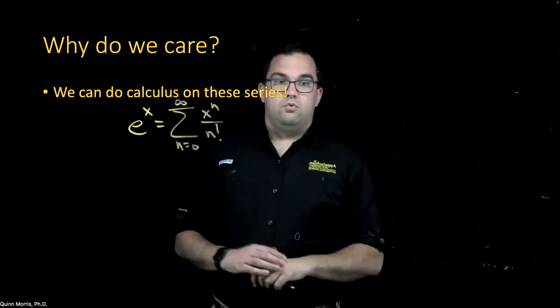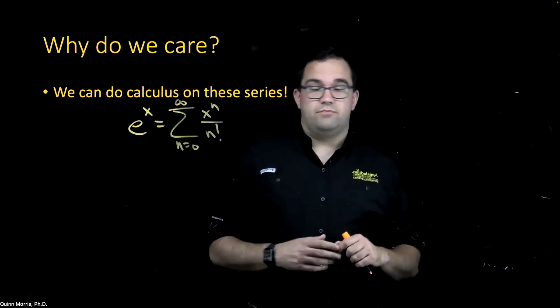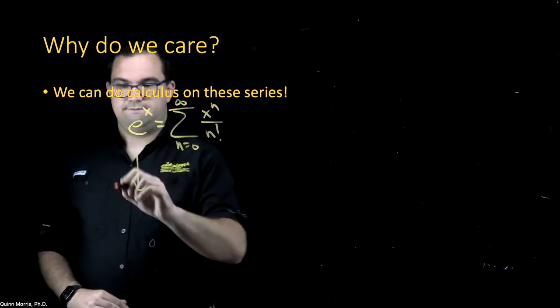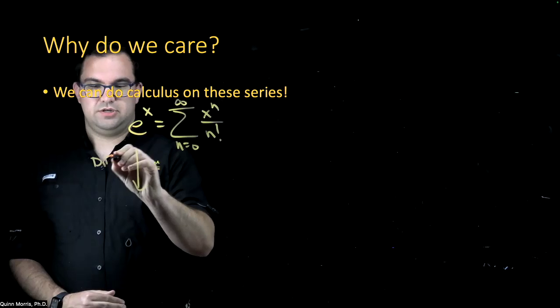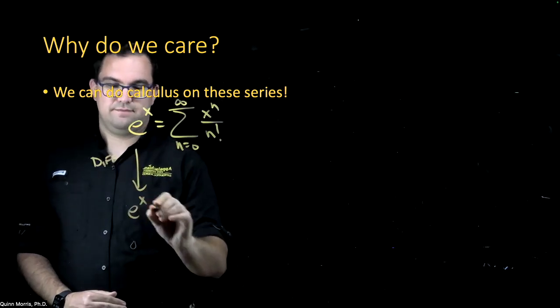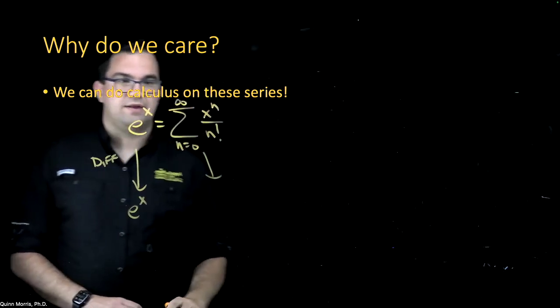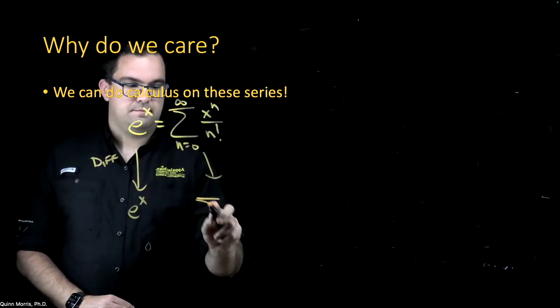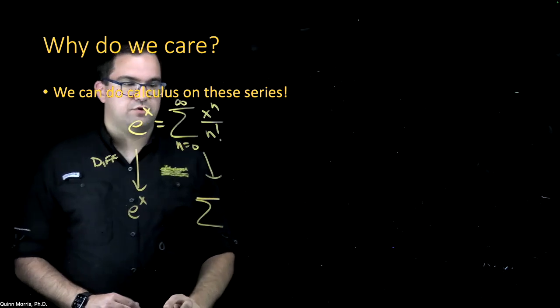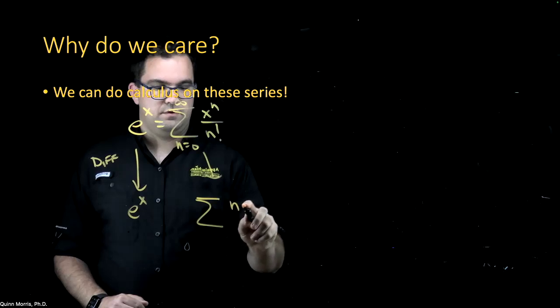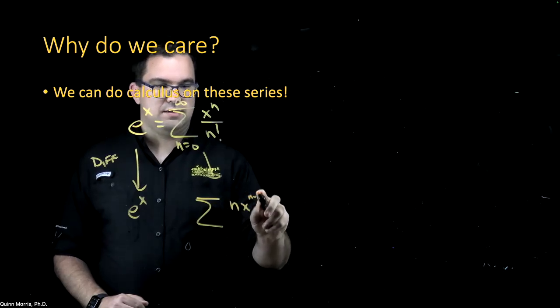Okay. What if I wanted to take a derivative? Right. Well, of course I can take a derivative of e to the x, right? So I just differentiate, and that's e to the x. Okay. But I could also differentiate this term by term. So if I were to differentiate this term by term, let's see, what would happen? The n would come down, x to the n minus 1.